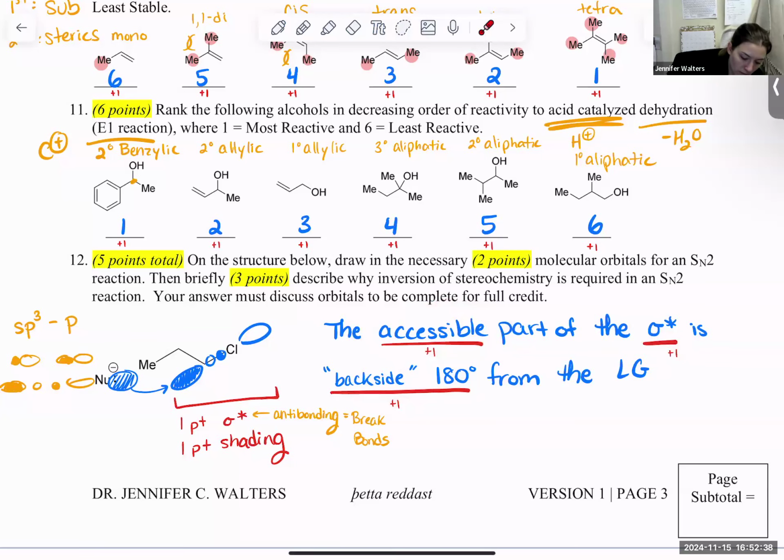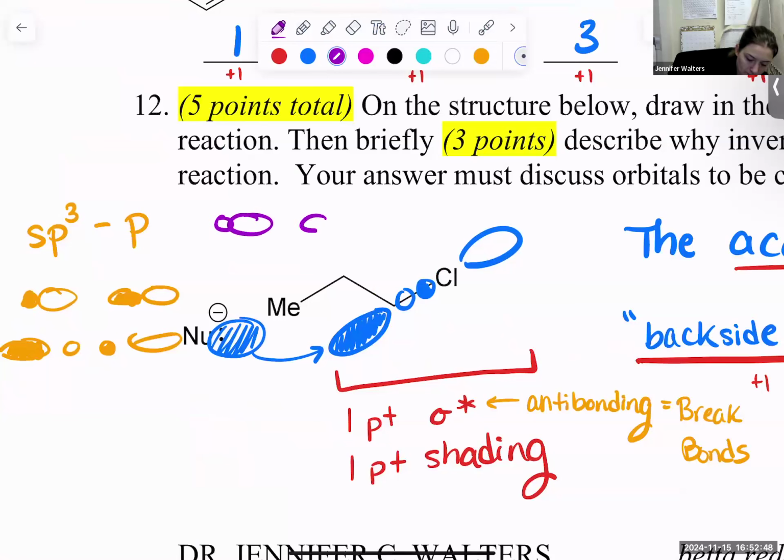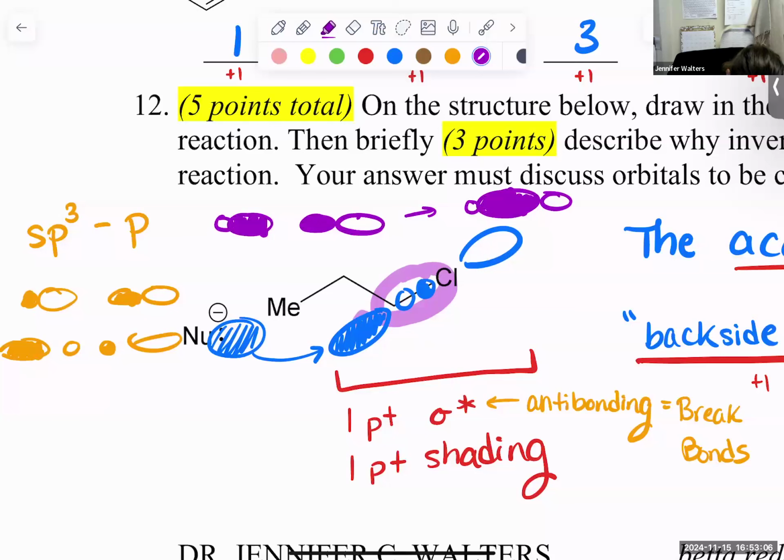So remember that the sigma orbital that results, I'll do purple, from this is going to be this little, big, little. That is occurring on top of my antibonding orbital simultaneously.